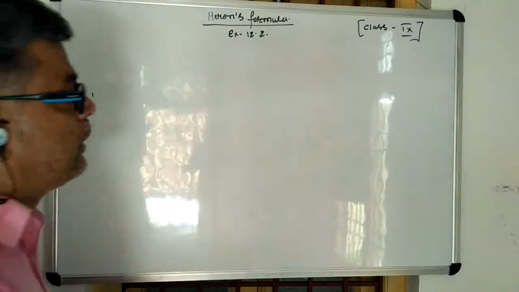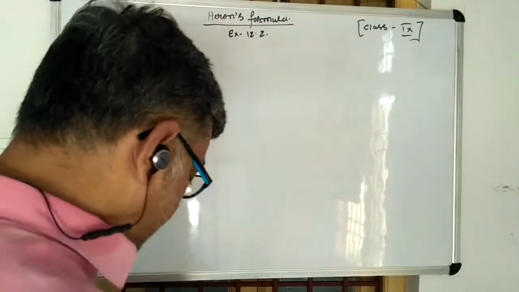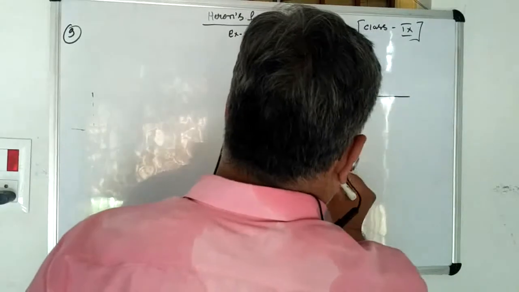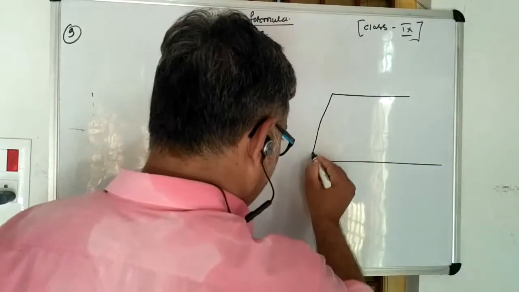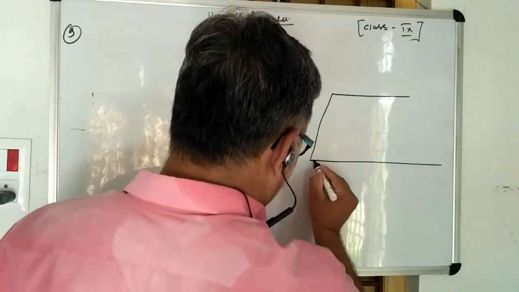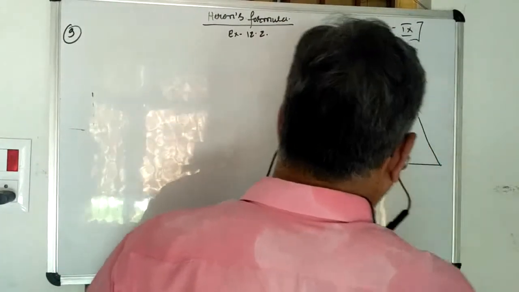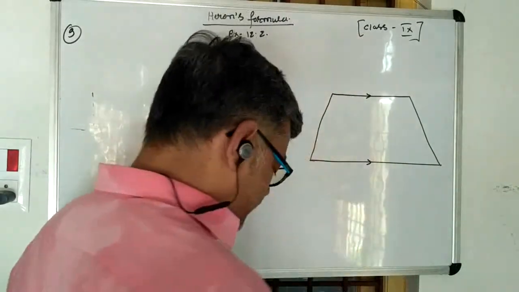So first we draw the trapezium. This is your question number 9. A field is in the shape of a trapezium. Suppose this is the shape of the trapezium, these two are the non-parallel sides and these two are the parallel opposite sides.